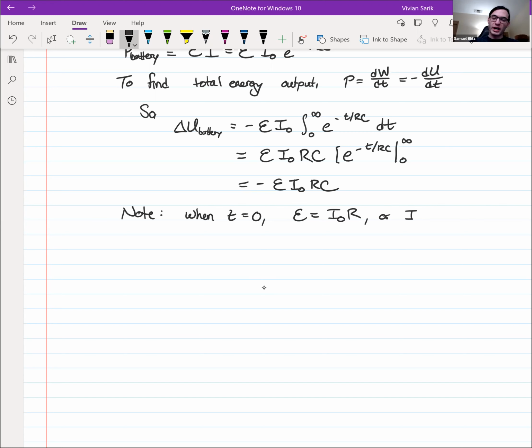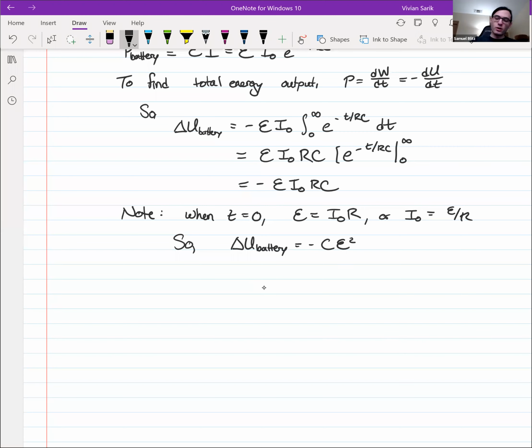Or written a different way, I naught is equal to E over R. And so we can rewrite the change in potential of the battery as minus, so I'm just replacing I naught with E over R, so it's minus C E squared. So the battery loses an amount of energy equal to its EMF squared times the capacitance.